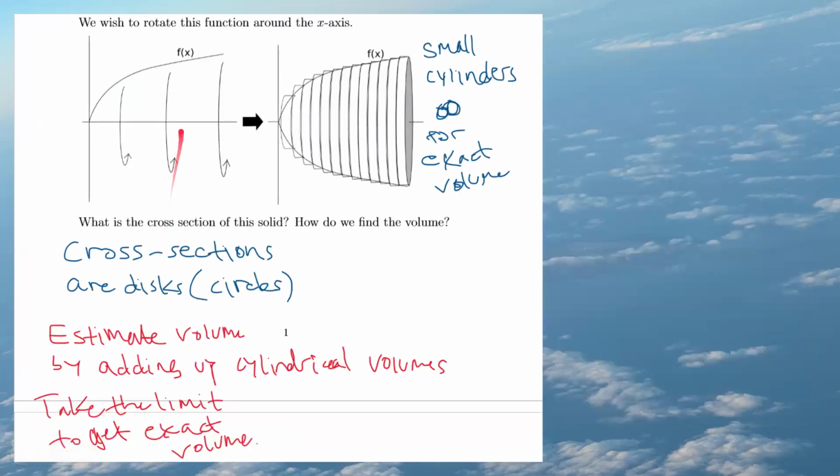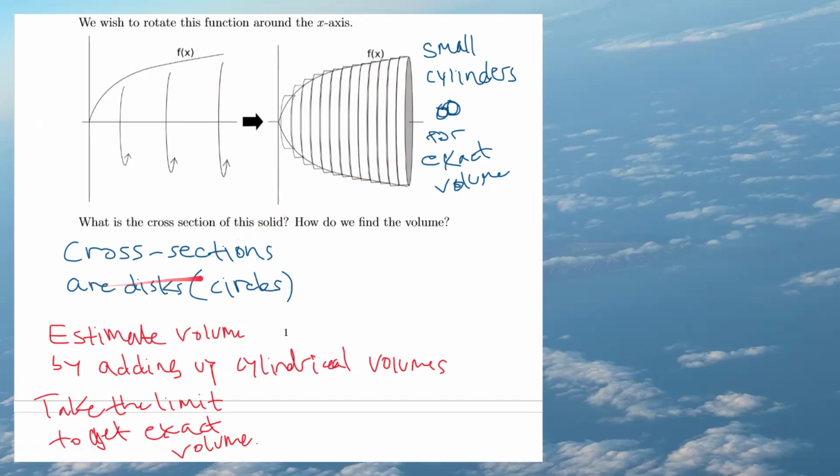So here's an example. It's kind of hard to visually draw, so that's why it's good to have this example here. In this case, we're spinning around the x-axis, and the cuts are perpendicular to the x-axis. So it has to be perpendicular to whatever you're spinning around. Since it's the x-axis, it should be vertical cuts. And we get almost small cylinders, but in this case these are really discs.